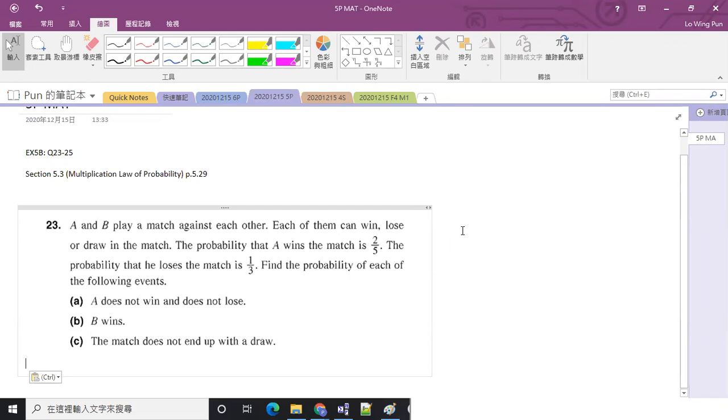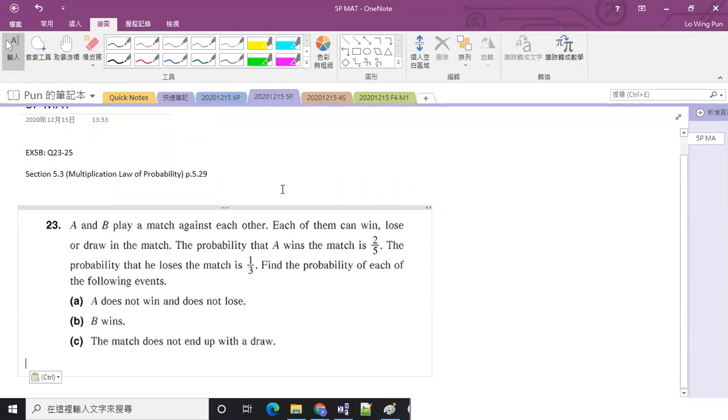Note here, sometimes they will give you all the possibilities. What are the possibilities, or what are the possible outcomes? A and B are playing a match against each other, so they can win, lose, or draw.